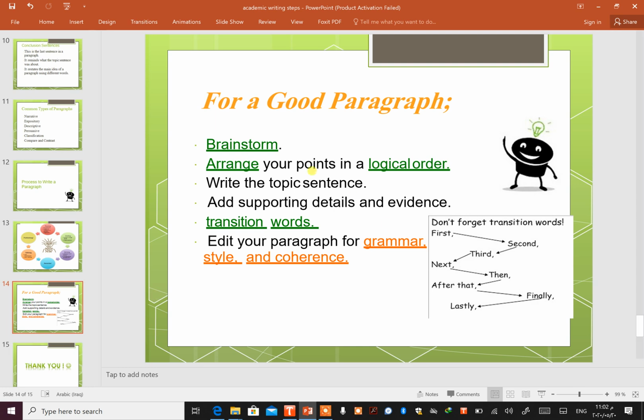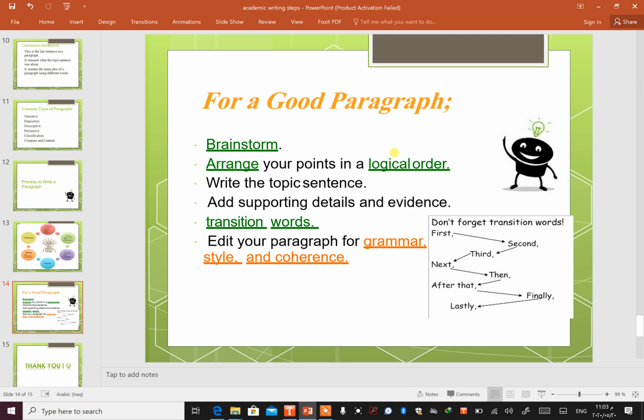So for a good paragraph, you have to do, as I said, brainstorm. What does brainstorm mean? That you start to think about the topic without writing a paragraph. You can just write, for example, some notes on paper to organize your thoughts. And also you have to arrange your points.